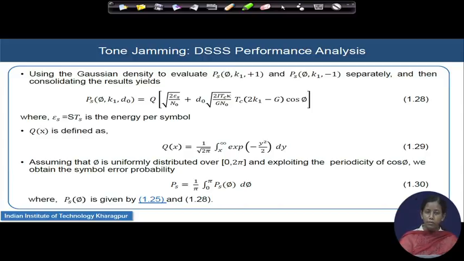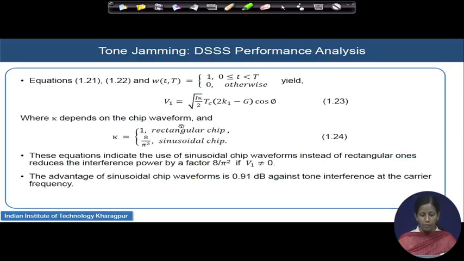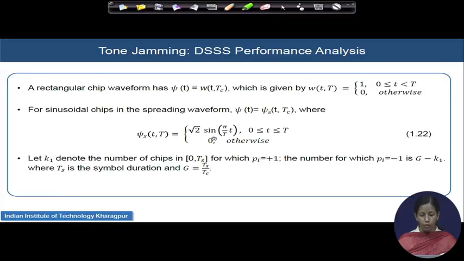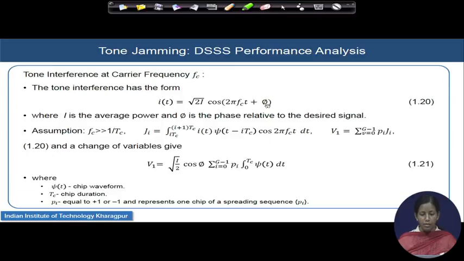So, what is the total symbol error probability we are interested in? In order to compute it, you have to know the distribution of phi. We should go back and revisit the definition of phi. We defined in the first few slides that phi is the phase associated with the jamming signal, given by the phase relative to the desired signal.